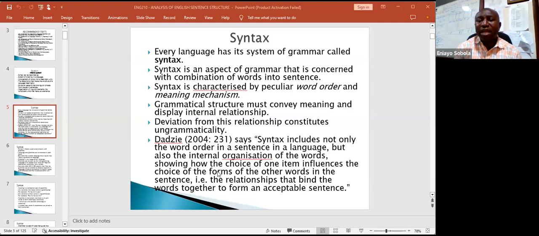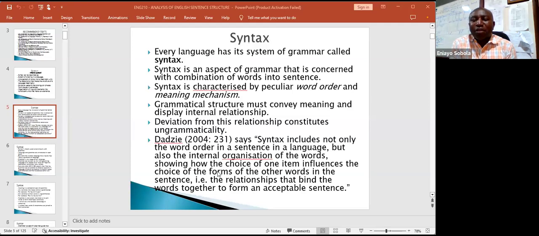You cannot say that because the verb pay contradicts the choice of the boy that you made. That choice of the boy will influence the form of the verb. The form you need to take is the form with S, the third person singular. You can say the boy pays the money. Making the choice of the one without S will contradict.